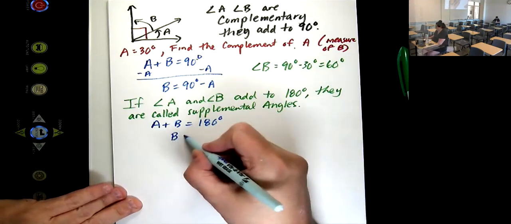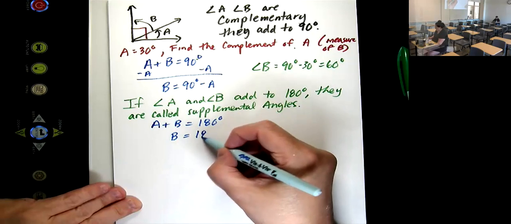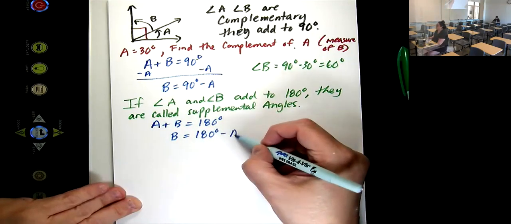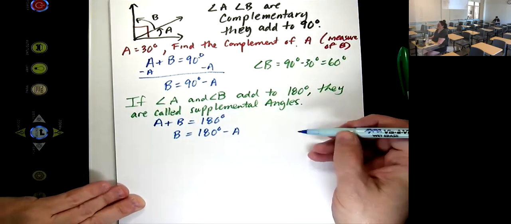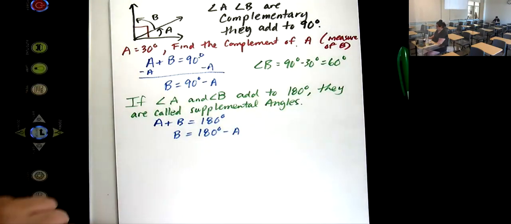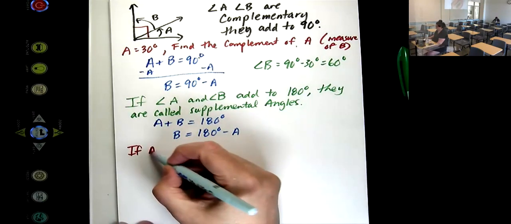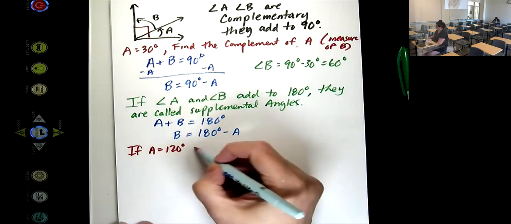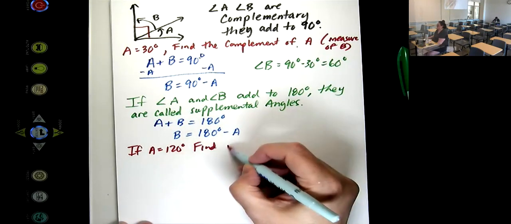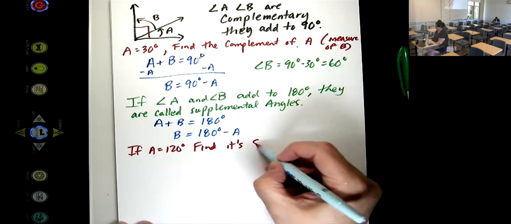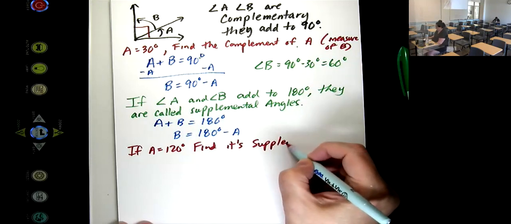So B equals, just like we had above, instead of having 90 though, we have 180 minus A. So if A is 120 degrees, find its supplement.